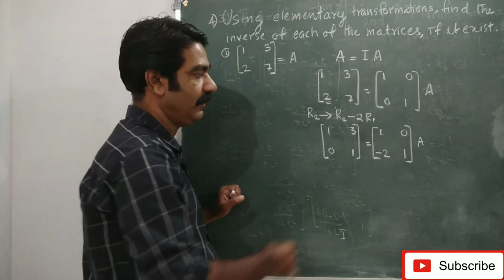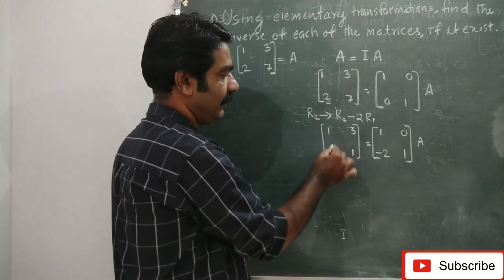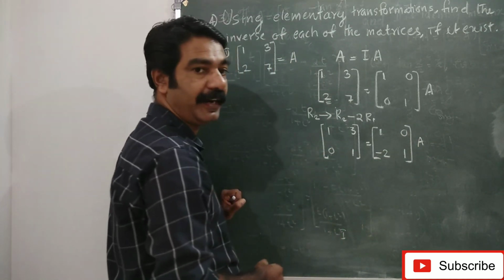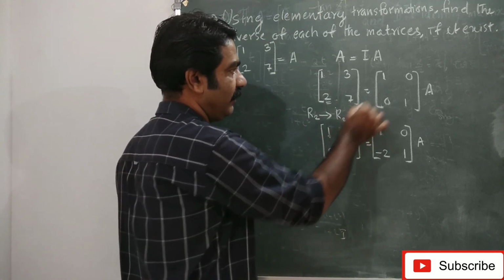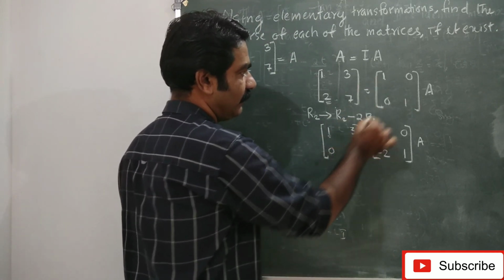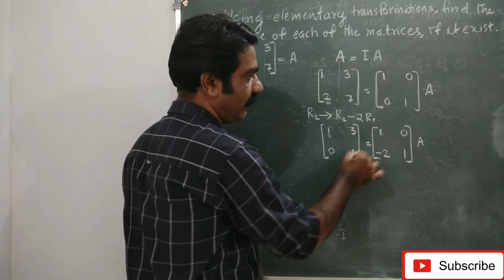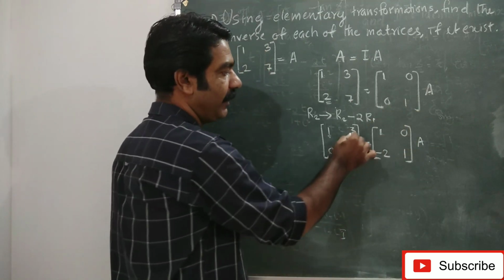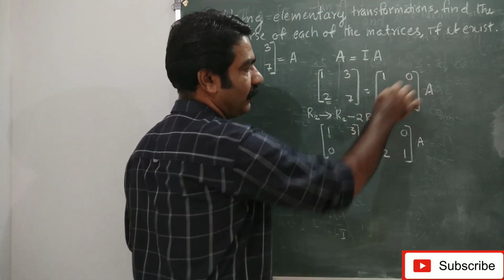Now 1, 0, 1 are okay in an identity matrix. Now we have to make this 3 into 0.